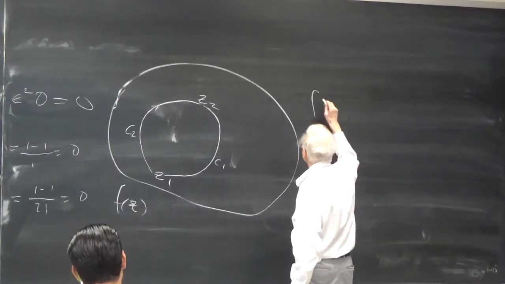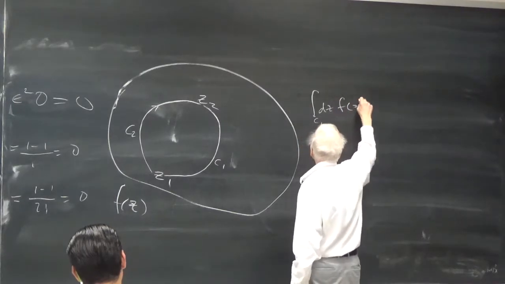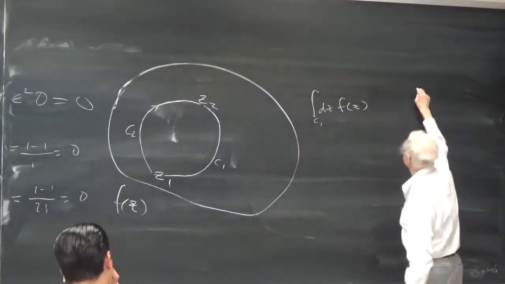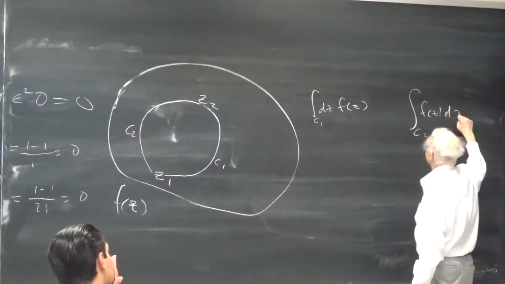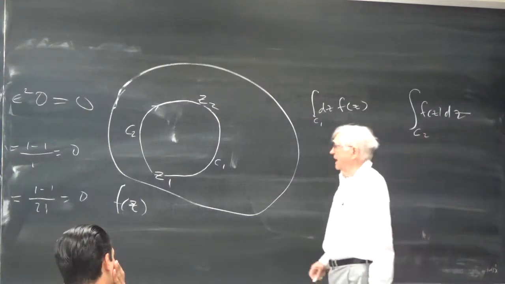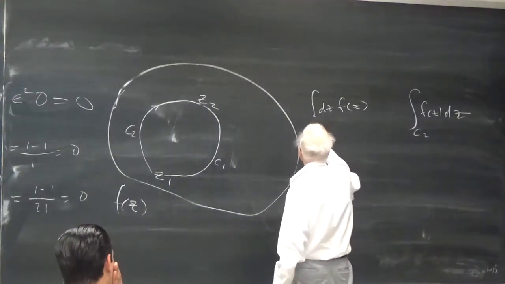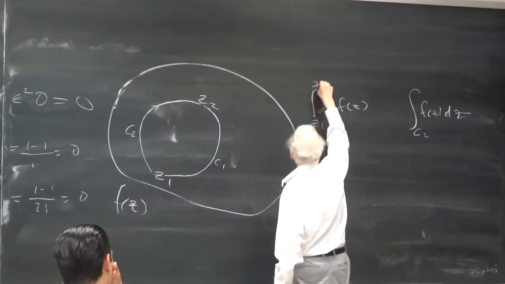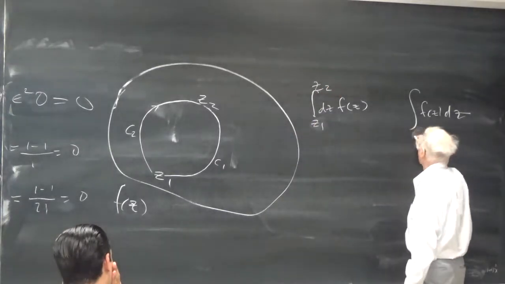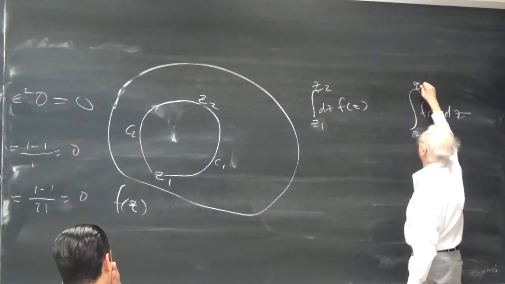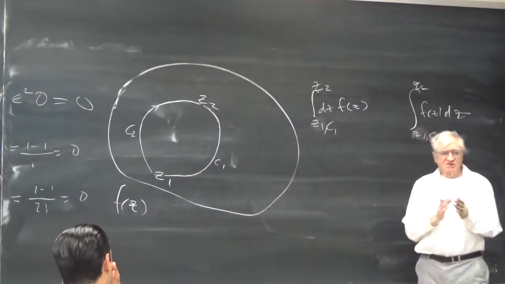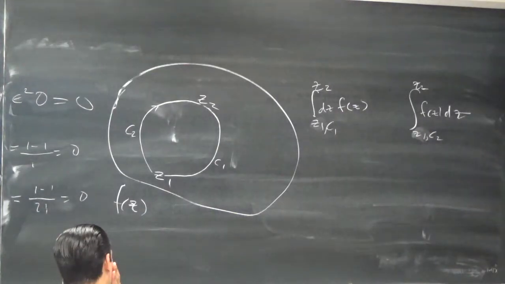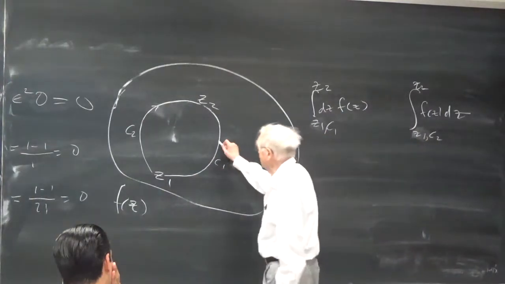So one integral is along contour 1 of f of z dz, and the other is along contour 2 of f of z dz. Both go from z1 to z2. So these are two different contours of this integration, this way and that way.